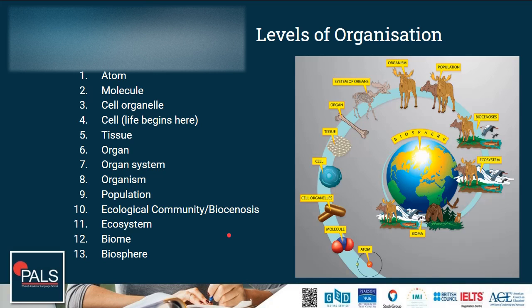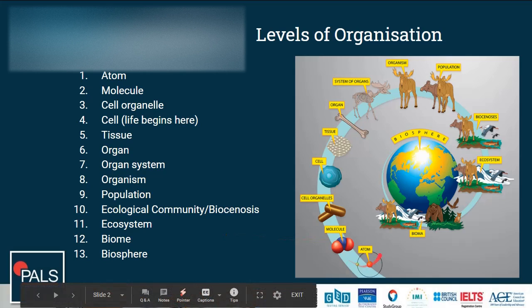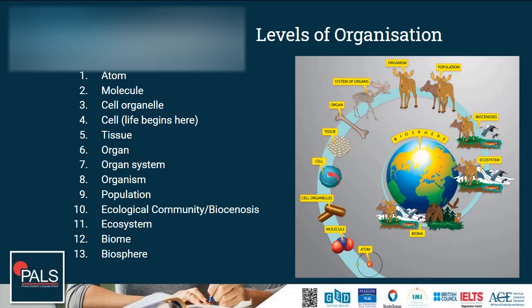First of all, let's have a look at all the different levels of organization, starting from a single atom. The levels go from the atom over a molecule, over so-called cell organelles, and the cell. This is where we will mainly look today. Starting from here, this is where life science starts, biology starts, the cell as the living thing.